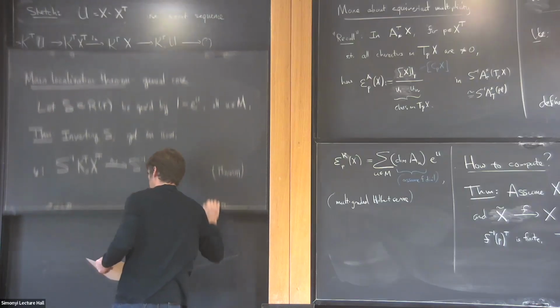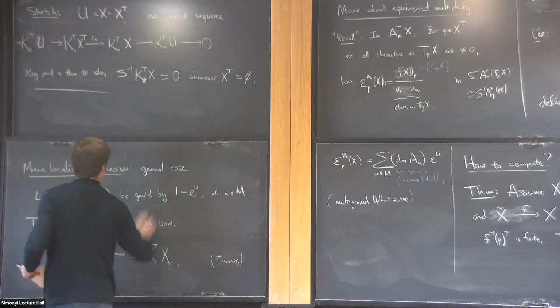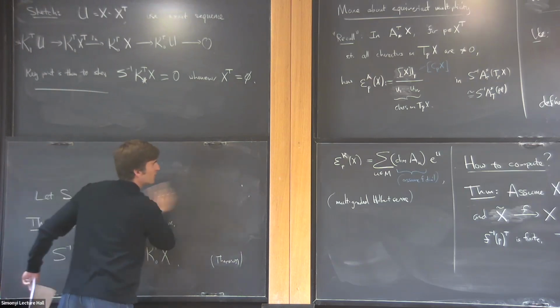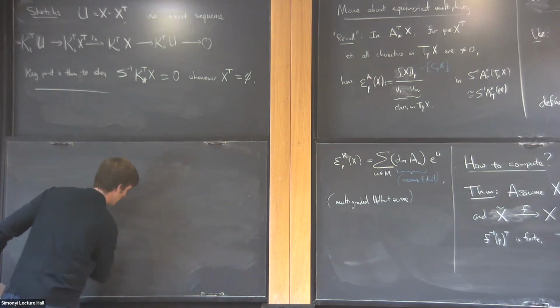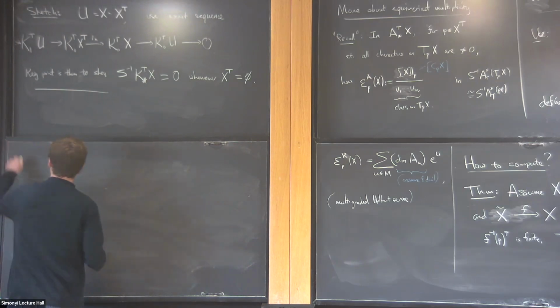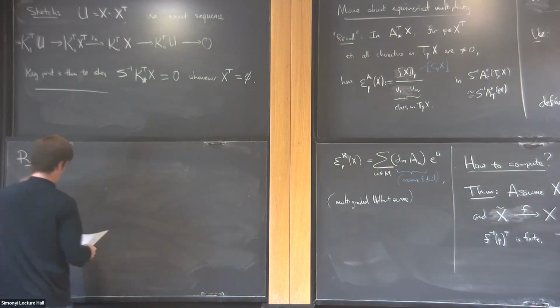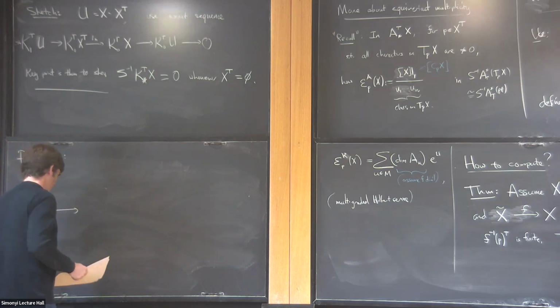Instead of doing things directly like that, let's resolve. You can resolve singularities of a toric variety by subdividing the cone, by subdividing the fan. In this case, it's just a single cone.